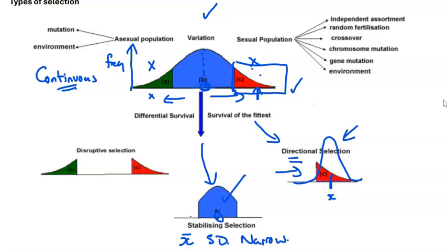Alternatively, what we can have is selection against those individuals in the blue zone, with these medium characteristics, and that would leave us with this type of selection here. Now, this is called disruptive selection, and the consequence of disruptive selection is to create these two separate groups of individuals currently of the same species.